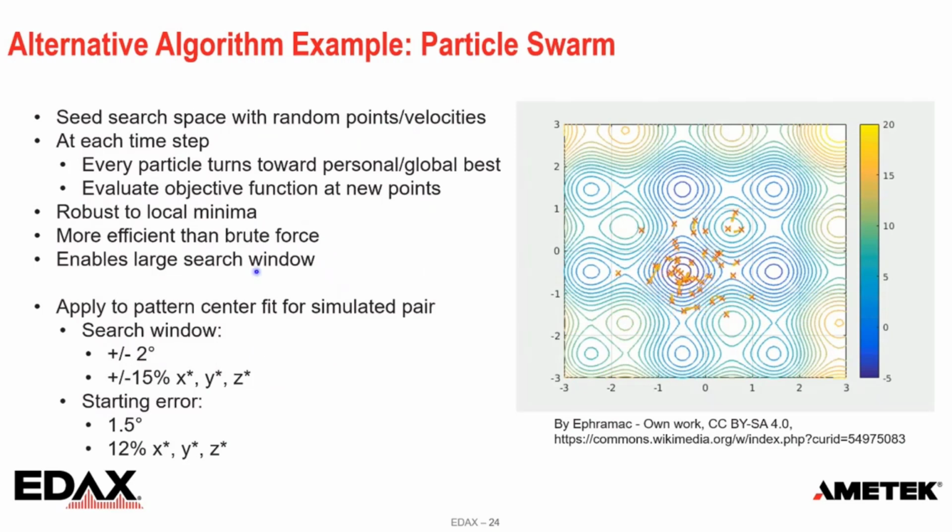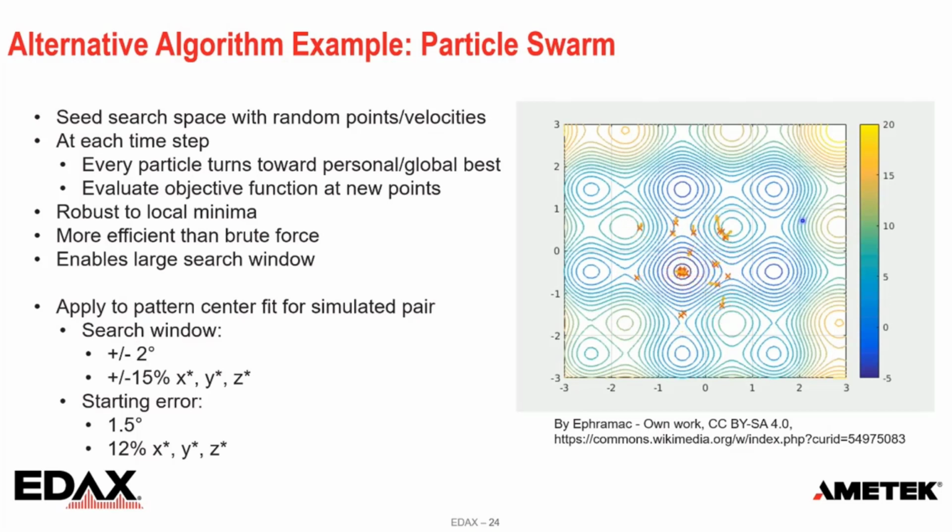And so just to show an example of that, I've implemented a pattern center fit with a particle swarm optimization. The idea for particle swarm is that it's sort of between BOBYQA and a brute force. So it takes more evaluations, but can cover a wider space.